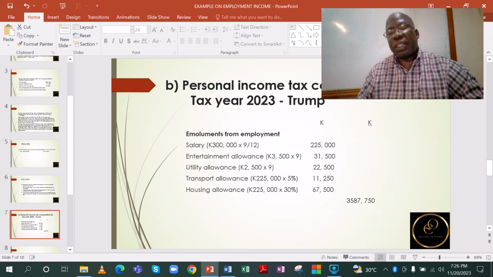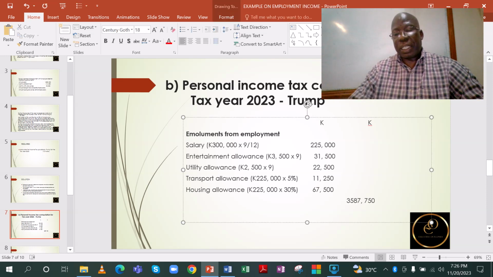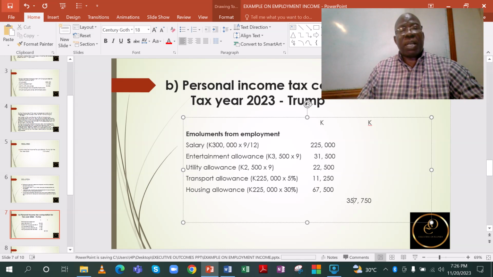Carry 1. It is 7, 8, 10, 13, 15. So this is like that. Okay, 357,750 should be the amount. So that's the total of emoluments from employment.